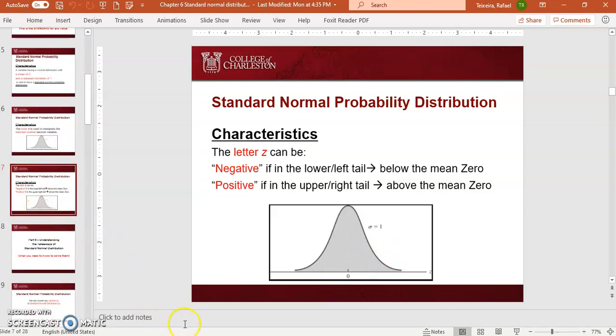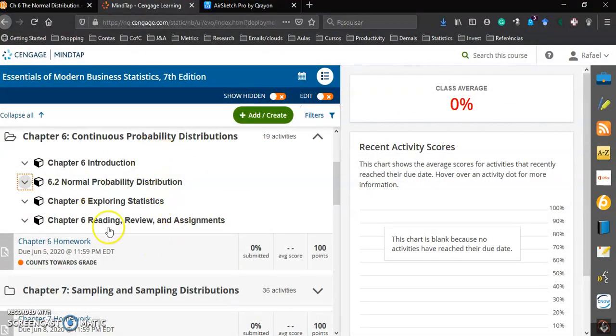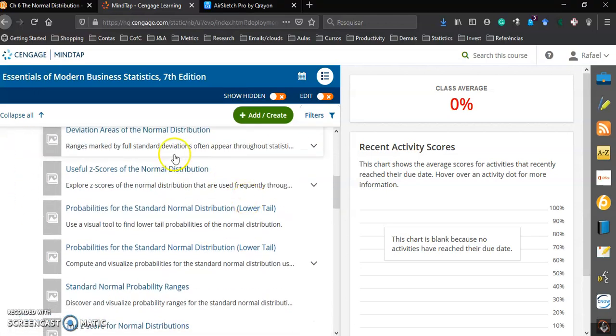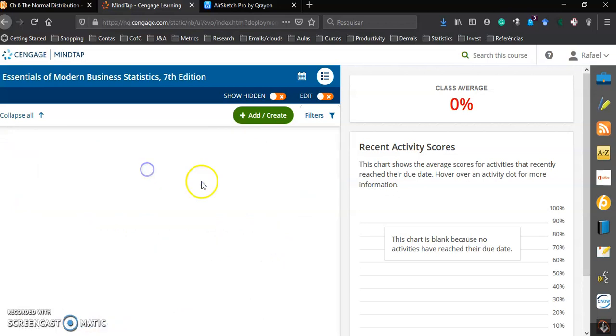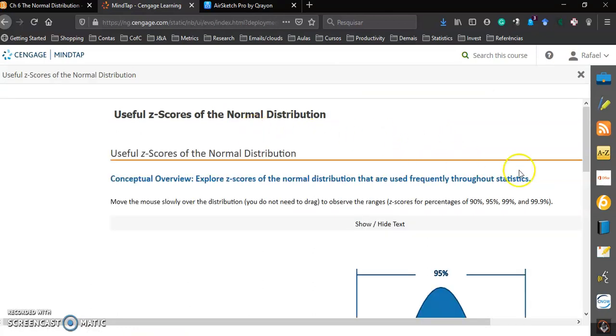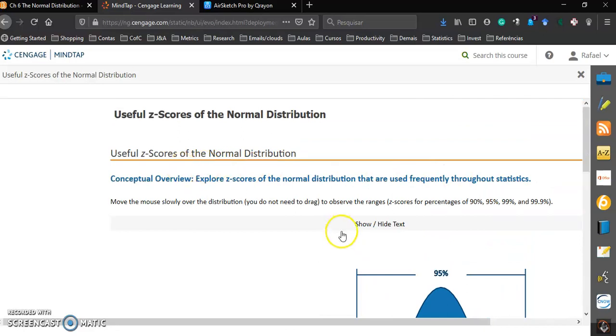Okay, let me see if I have one applet here in my tab. Going to chapter 6, exploring statistics. Let's take a look at this. Explore z-scores of the normal distribution. This one is talking about useful, most common z-scores.